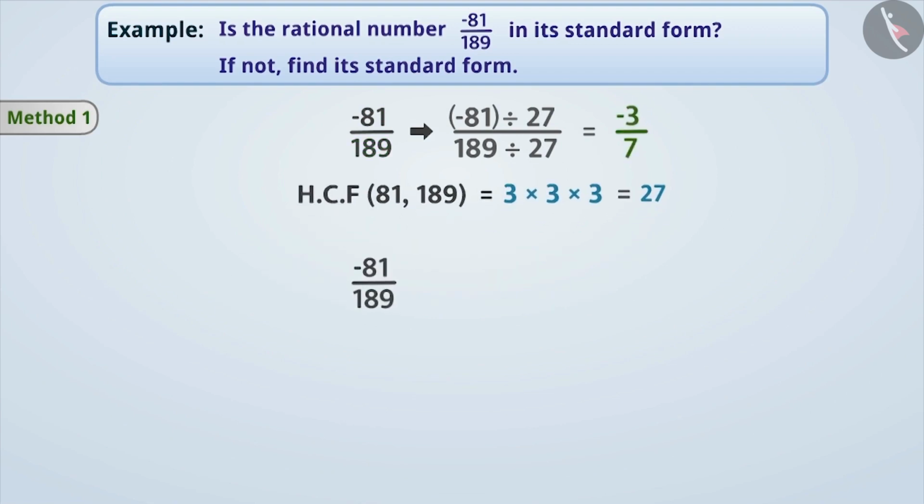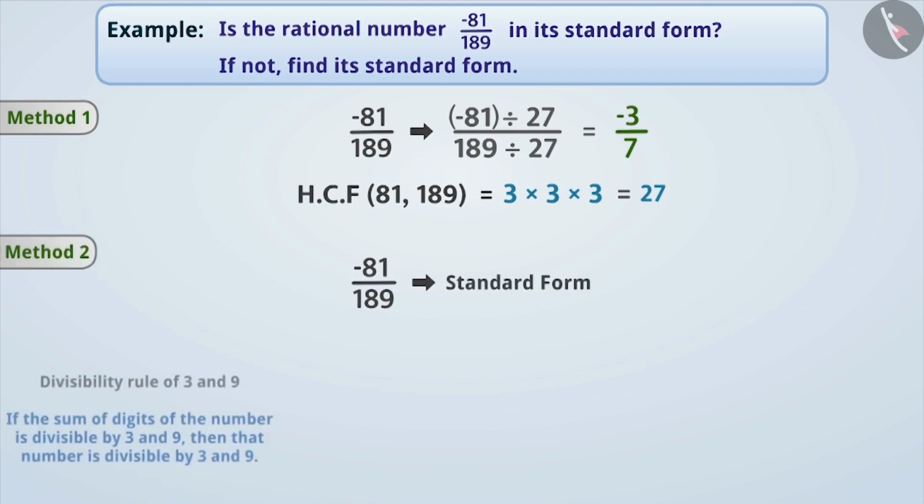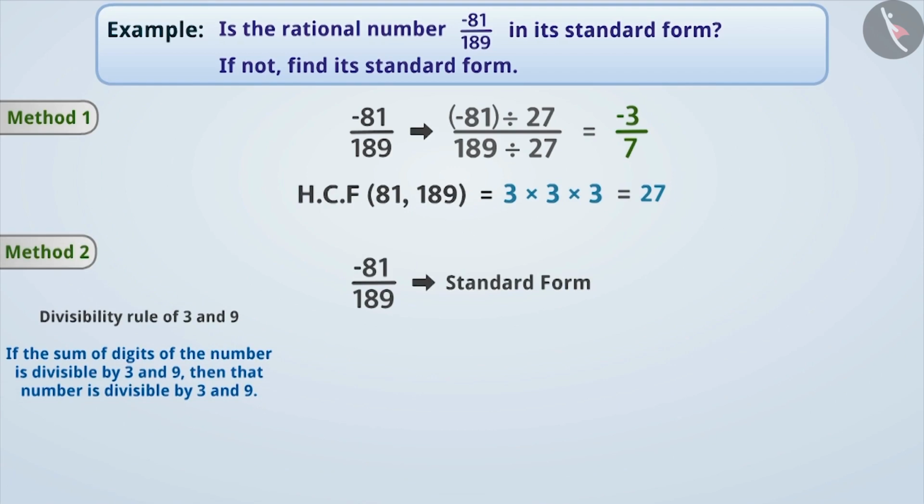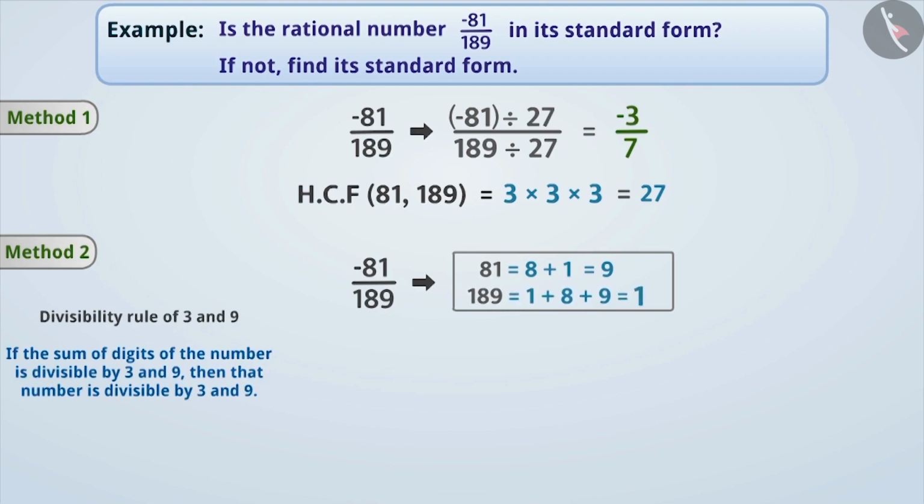There is another method of obtaining the standard form of minus 81 by 189 in which we use the laws of divisibility. Just like we see here, the sum of the digits in 81 is 9, which is divisible by 3 and 9. Similarly, the sum of digits of 189 is 18. It is also divisible by 3 and 9, so we can divide both the numerator and denominator by 3 and 9.